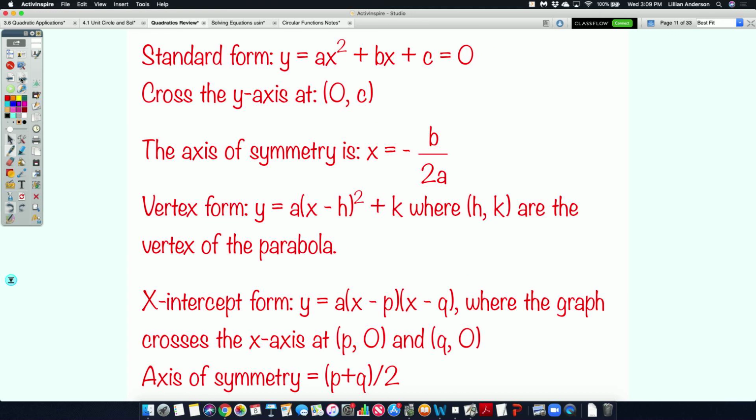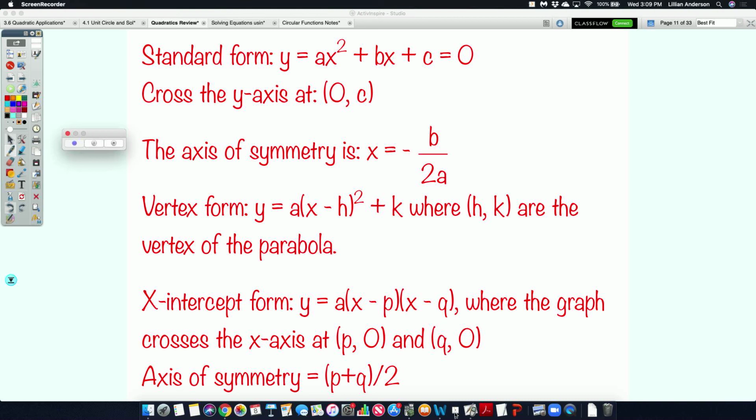Alright. Last little bit of information about quadratics before we get to the applications part is your different forms for a quadratic. You have your standard form, ax squared plus bx plus c. It can either equal y if we're dealing with a function, or it can equal 0 if we're solving. Remember, standard form always tells us the y-intercept very easily, 0, c.